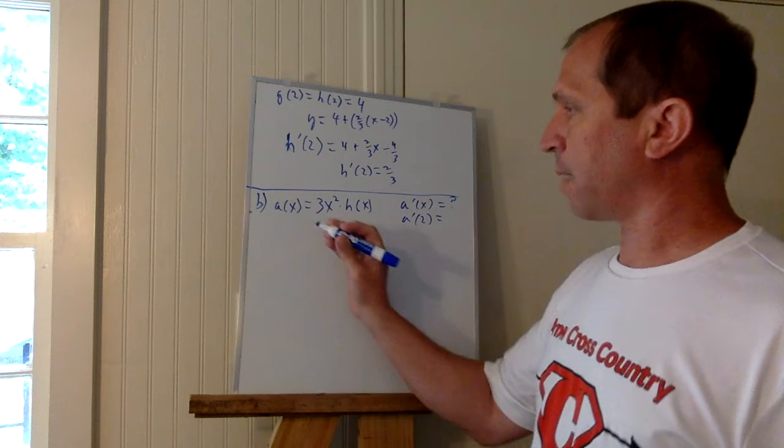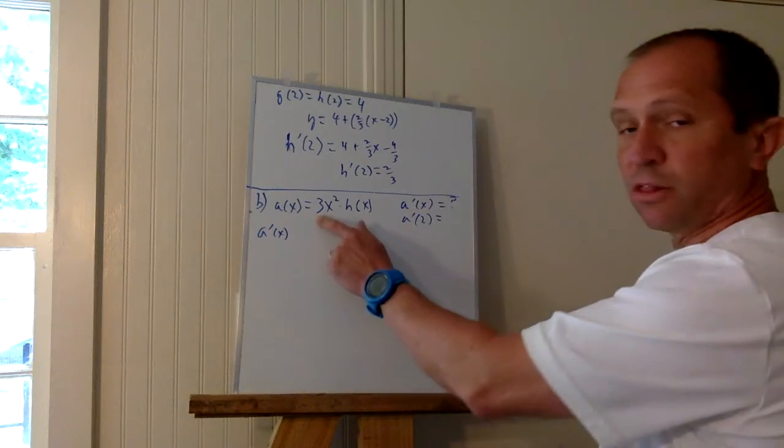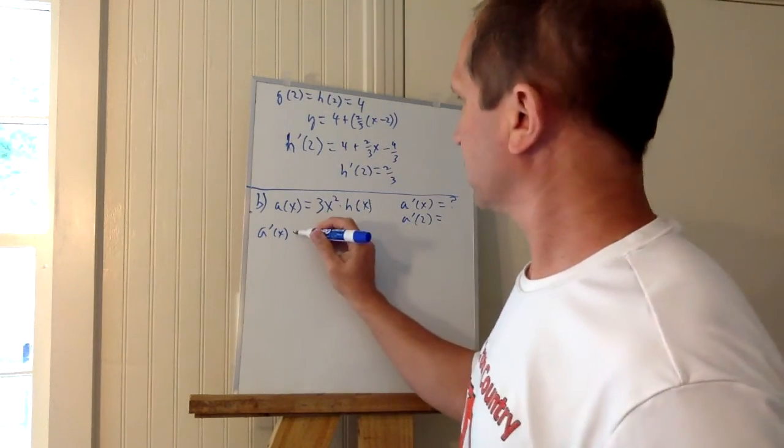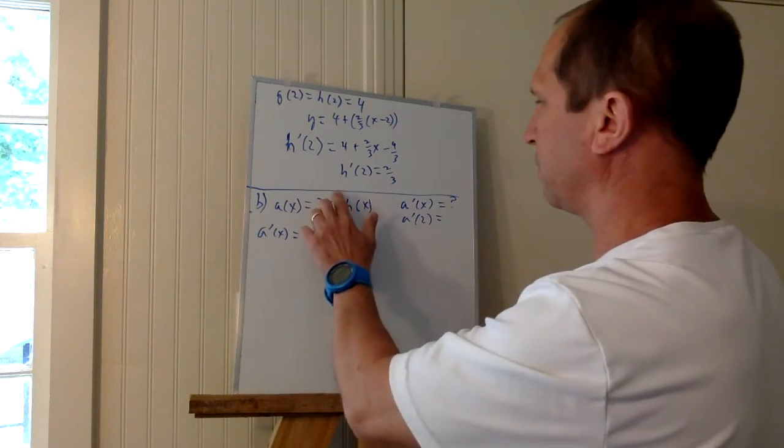The trick to this one is recognizing that you have the product rule involved here. And I think I miscopied the problem. It should be 3x cubed, not 3x squared.